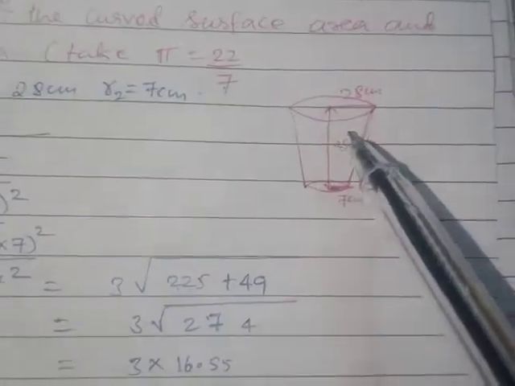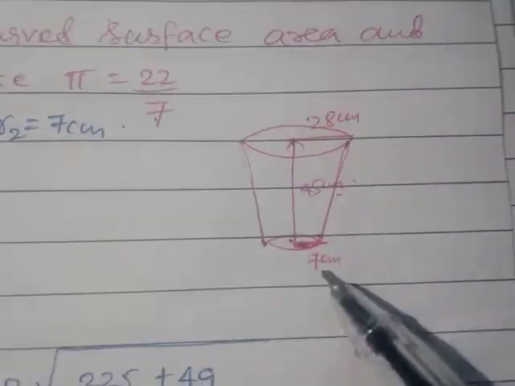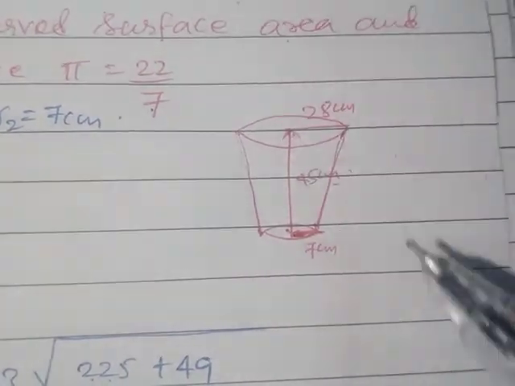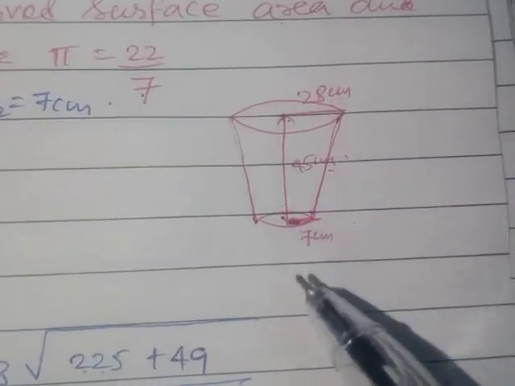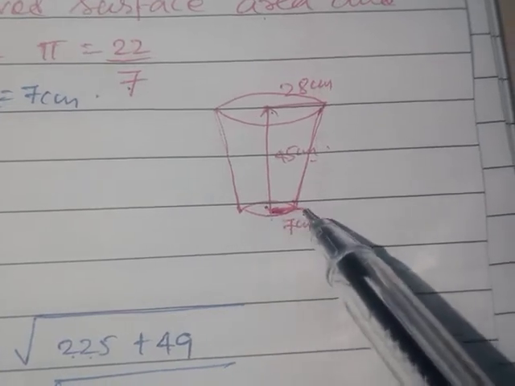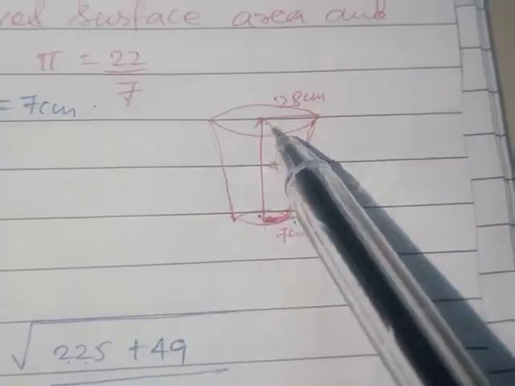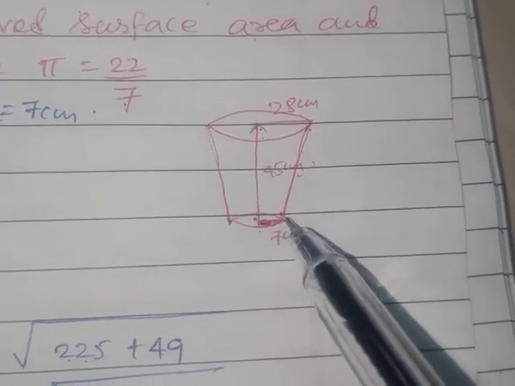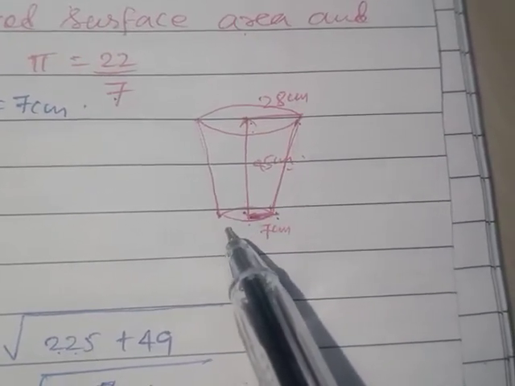This is the given frustum. The height of this frustum is 45 centimeter, the smaller radius is 7 centimeter and the larger radius is 28 centimeter. The smaller radius is R2. R2 is equal to 7 centimeter.